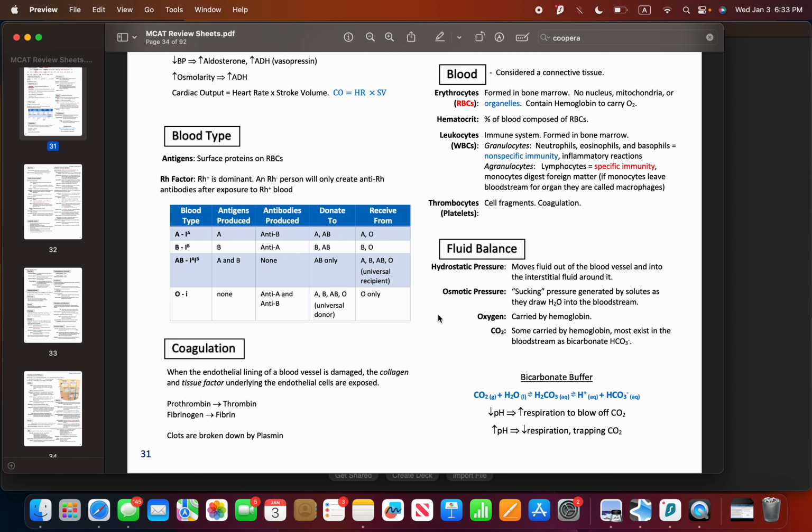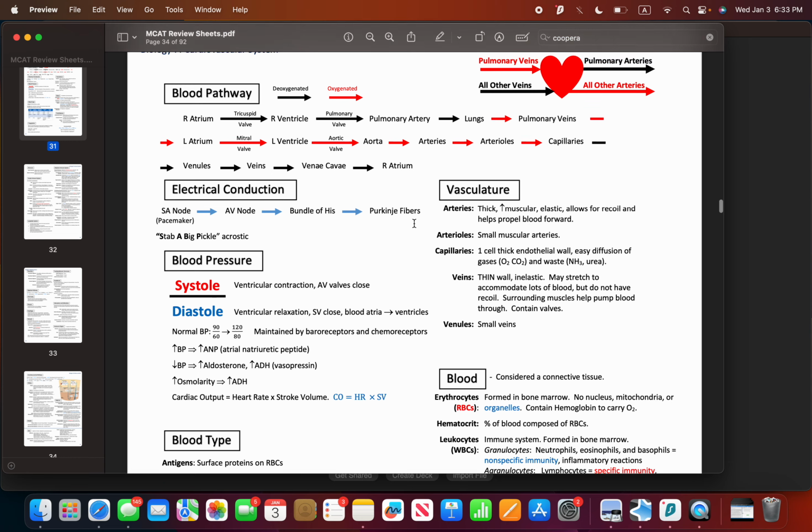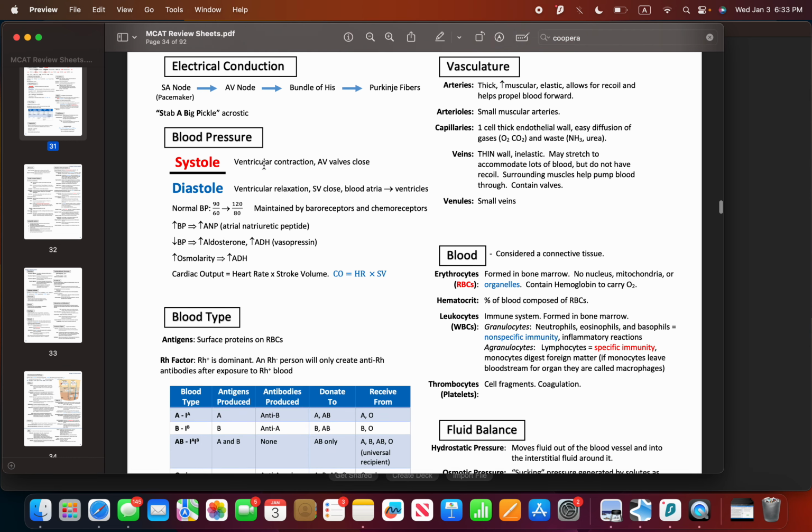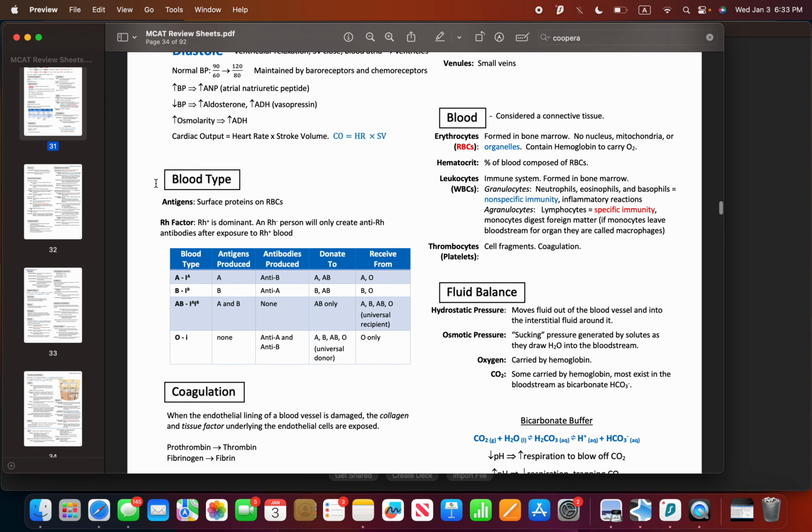Welcome back, everyone. So I was going through this file for reviewing the cardiovascular system, and I found the blood type that we might need to know for the MCAT. So let's go over this quickly.